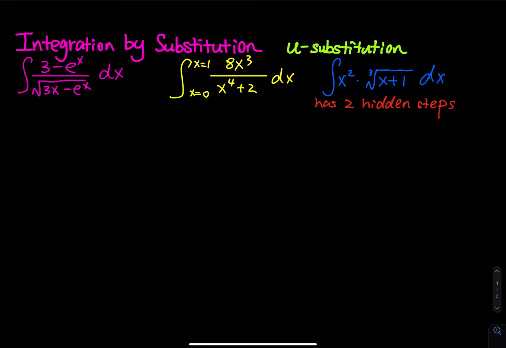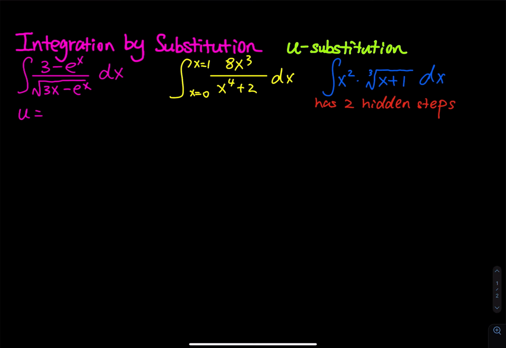So what is the first step? The first step is you have to create another variable. That variable is called u, and you have to let u equal something. So what is that something going to be? If there is a radical sign, then the u must be the radicand, so something inside the square root or the radical sign.